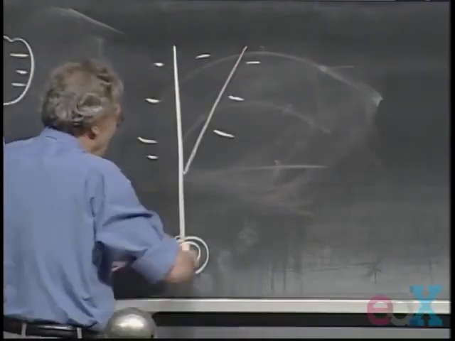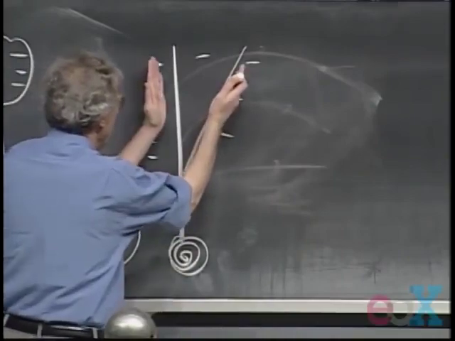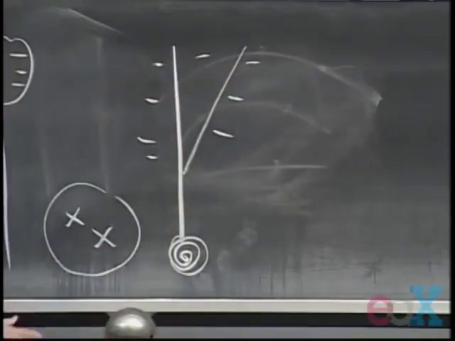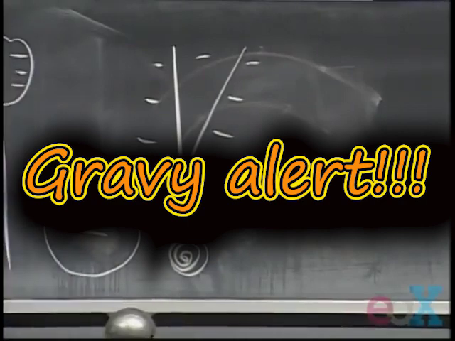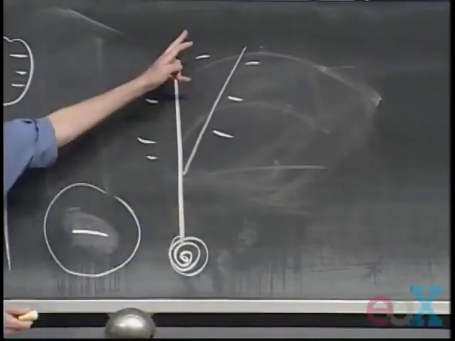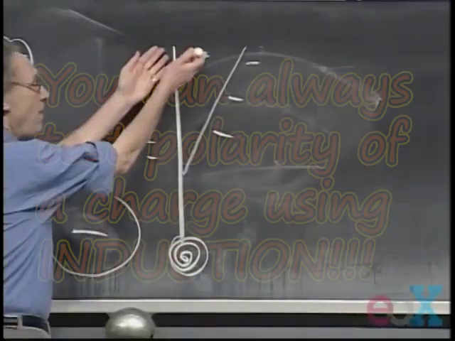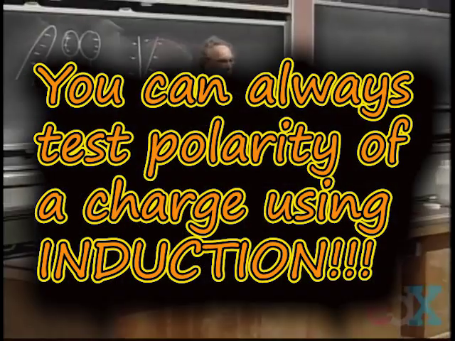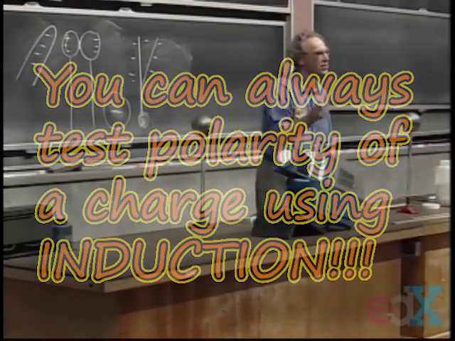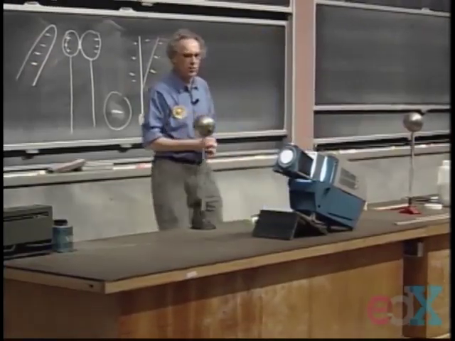If they come down, fewer will be here, and so you will see this. If, however, I put here a negative rod, then the electrons which are here want to go further away, they will stream up, and therefore the reading will become larger. So you can always, through induction, test what the polarity is of your charge.